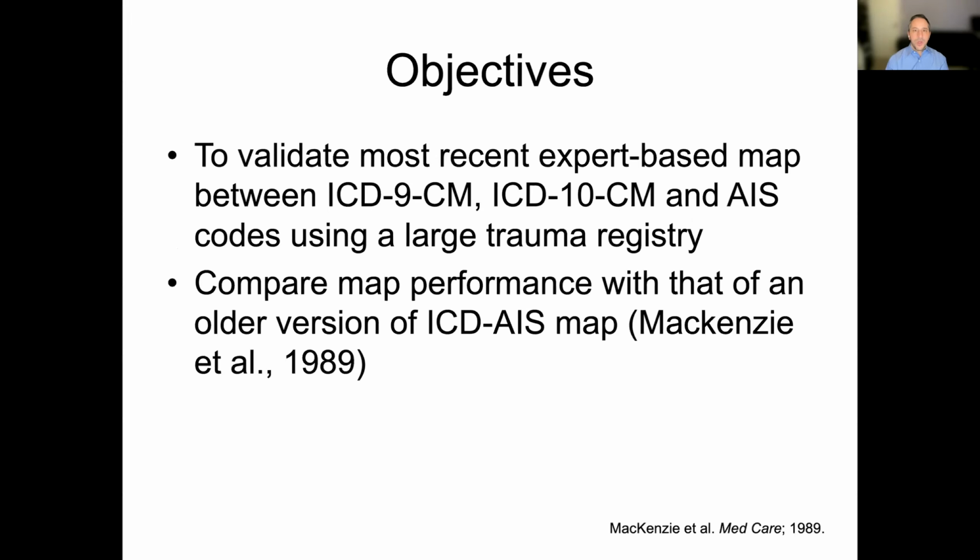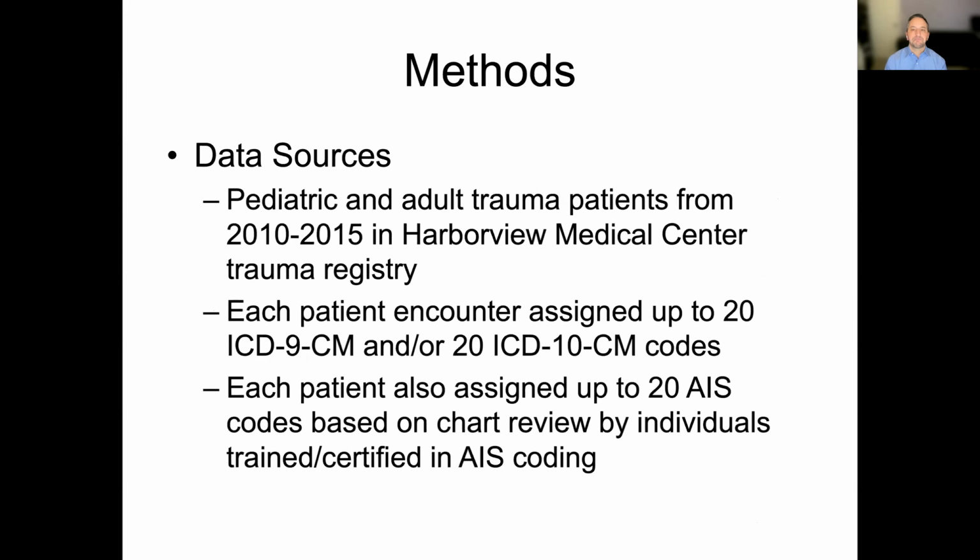We also wanted to compare it with the older version of the map, the AIS map 90 that I mentioned before with the floppy disks, because that has been used for over 30 years with hundreds and hundreds of articles. So we wanted to see how the newer map fared compared to that one, which has been widely used. But obviously, the newer map has updated versions of both lexicons.